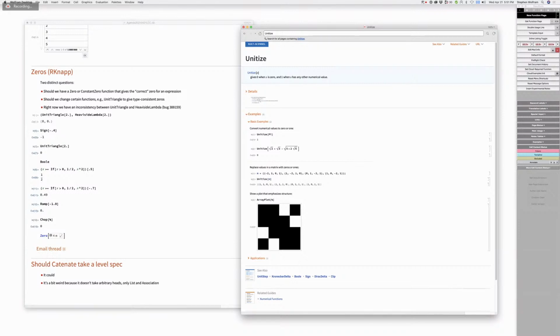Okay. So this zero operation that you're describing has a certain projective character to it.